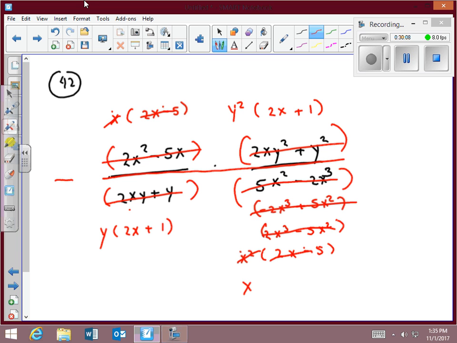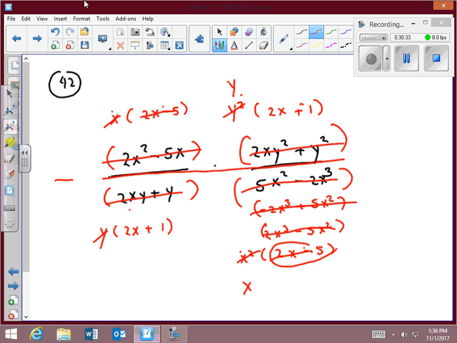Now notice, if I had not taken a minus sign out of that denominator, this thing here would have been 5 minus 2x, right? Okay, now then, I have a y squared. Notice the y down here makes that y squared a y.